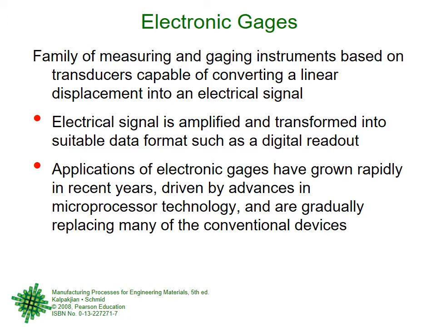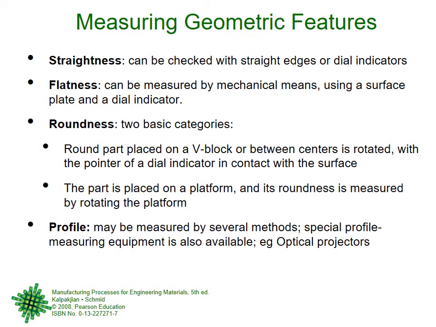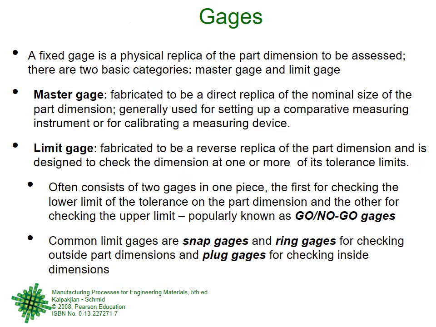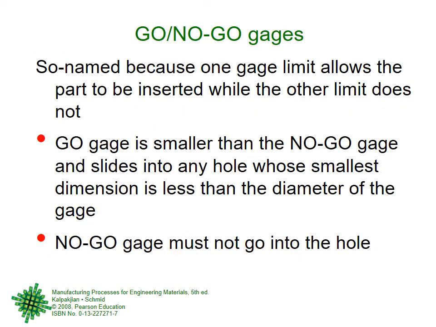We were talking of electronic gauges, where rather than analog, the digital readout is already there. Measuring geometric features rather than actual measurements of length and so on, things like straightness, flatness, roundness, and profile. Optical comparator, gauges where we have master gauge, limit gauge, and inside limit gauge we have go no go gauges, snap gauges, ring gauges, plug gauge. Then each one of them in turn.